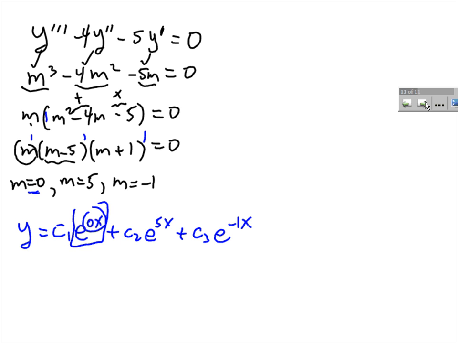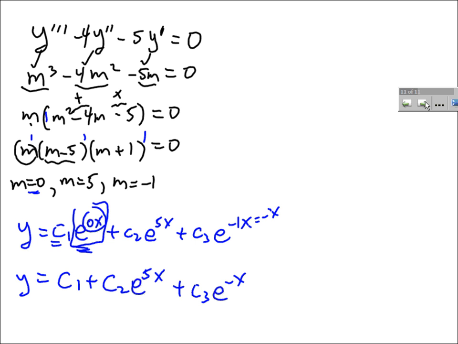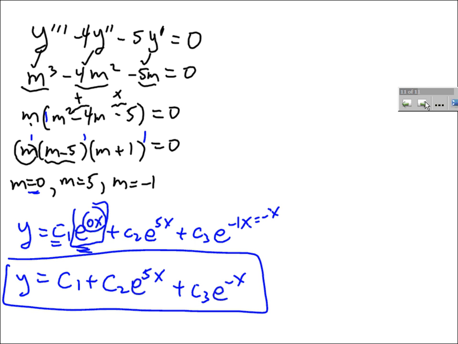So c1 times 1 is c1, plus c2 e to the 5x, plus c3 e to the, you can say negative 1 times x is just negative x. Personally, that's what I would write. And there is a solution to a third degree differential equation of the type that we are working on.